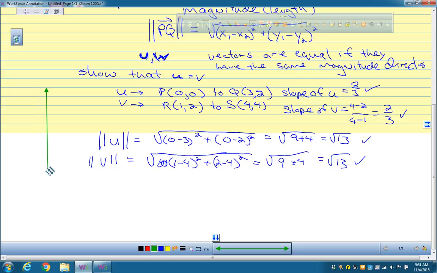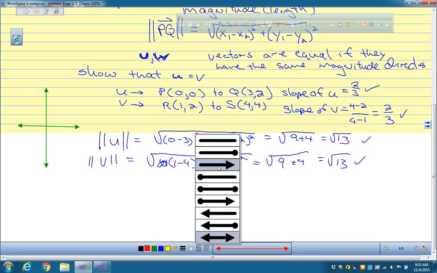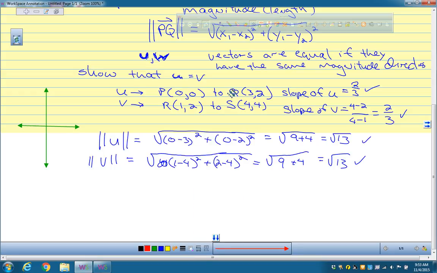So if I were to graph those two vectors, we'll make them red. So from P to Q, the way you graph vectors, I'm kind of getting ahead of myself here, but I'd go from 0, 0 to 3, 2. So for my graph, that vector would look something like this, right?